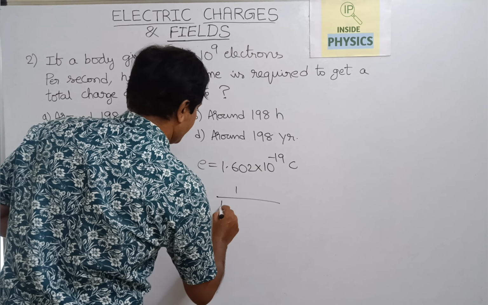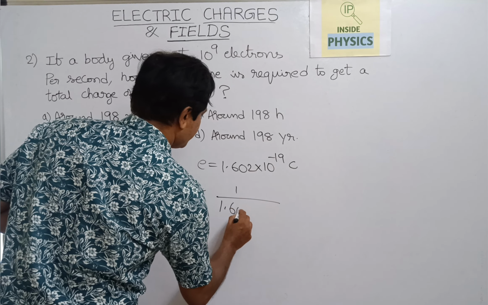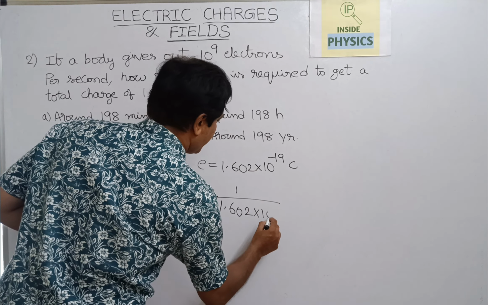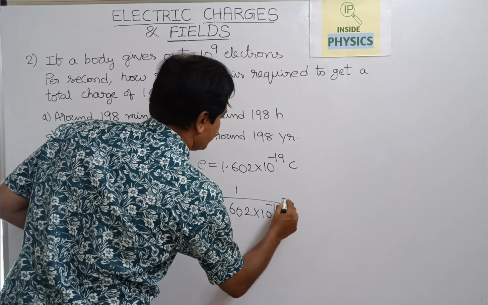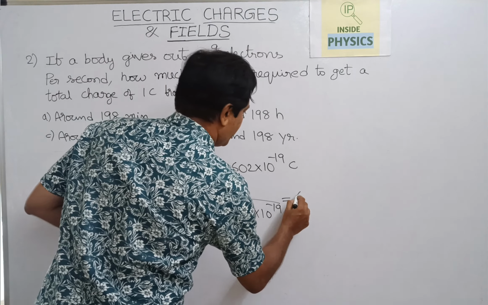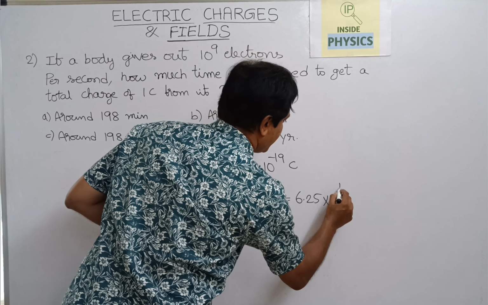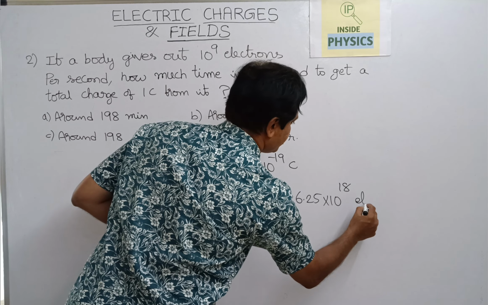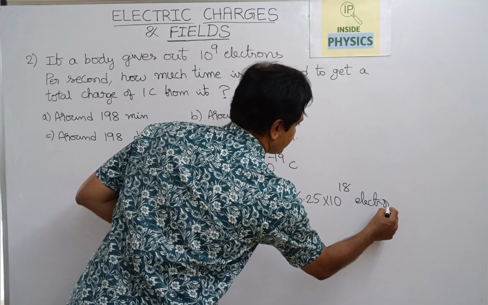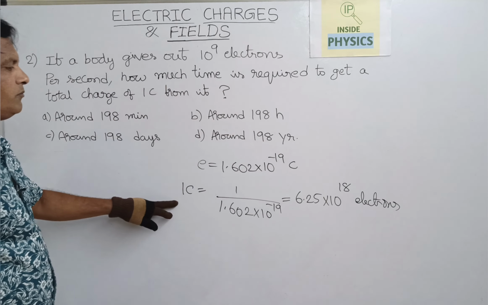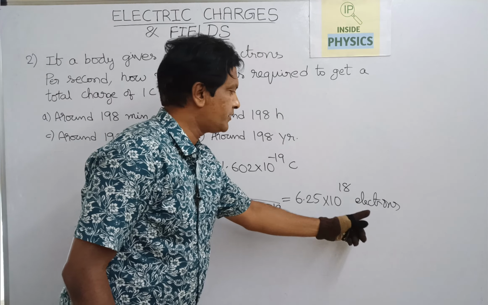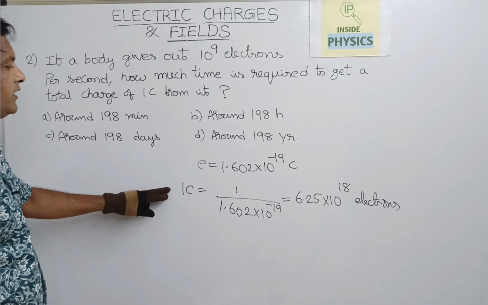We can take this as 10 to the power of minus 19, which gives 6.25 into 10 to the power of 18 electrons. So in 1 coulomb of charge, 6.25 into 10 to the power of 18 electrons are there.